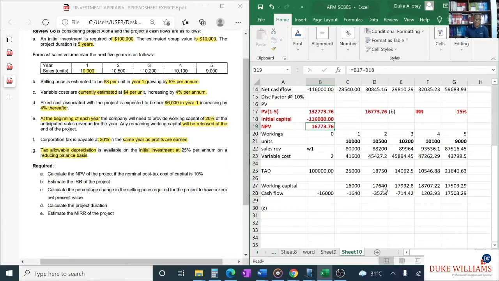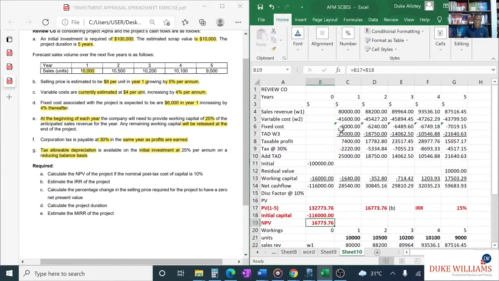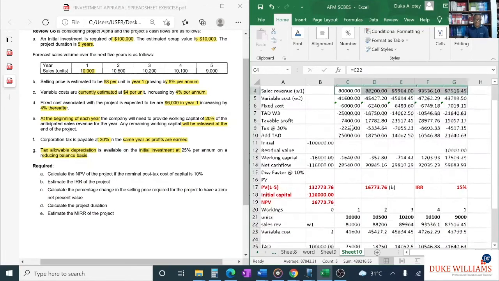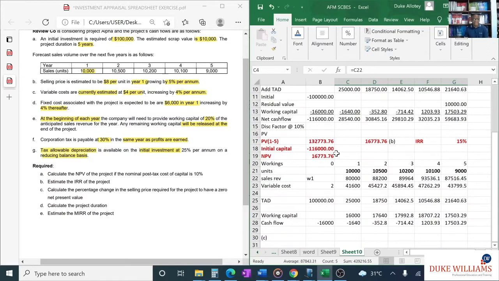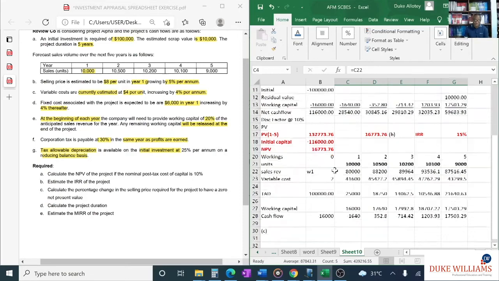I have the NPV. Then I need the present value of the sales revenue. I have the sales revenue. To find the present value at 10%, I just realized that if I use the NPV formula, it can give me the present value of any cash flow from year one to the end.